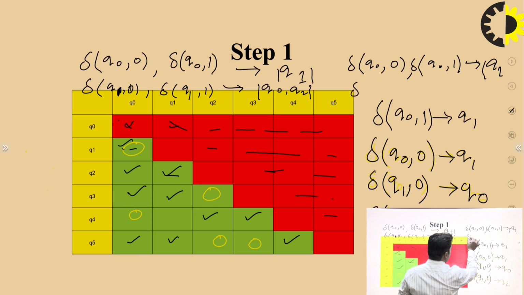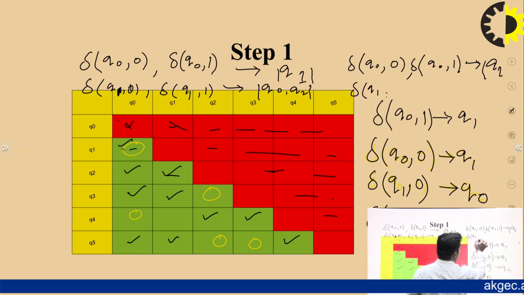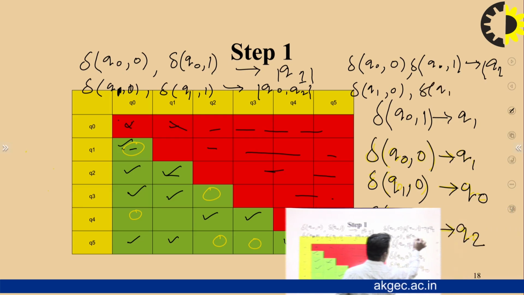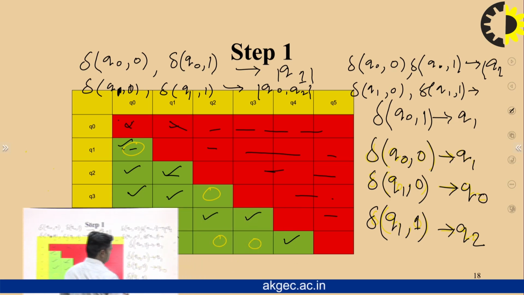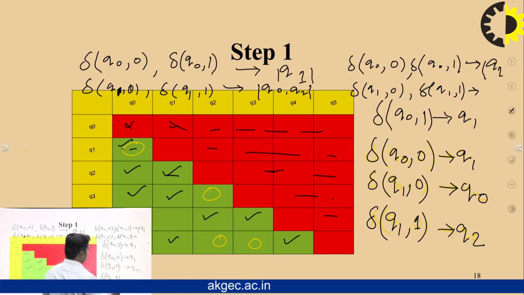And same for Q1 0, comma, transition Q1 1: Q1 0 is Q0 and Q1 1 is Q2.